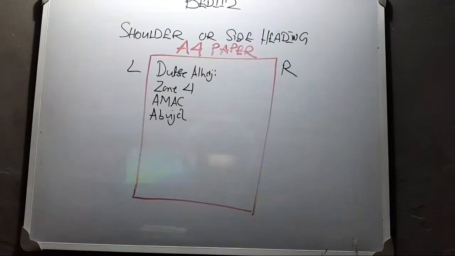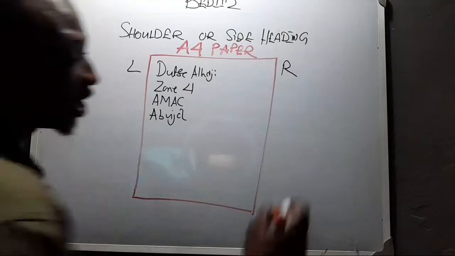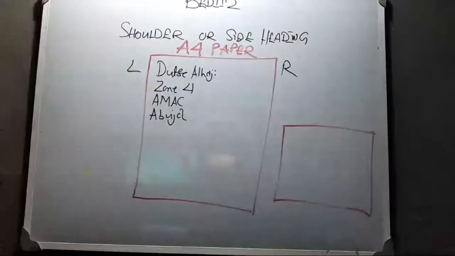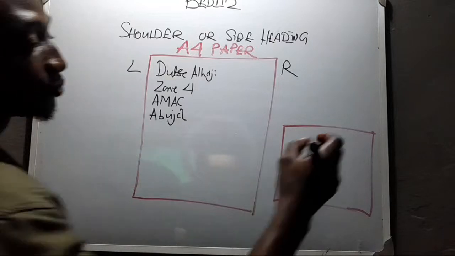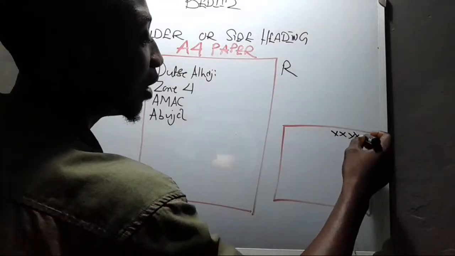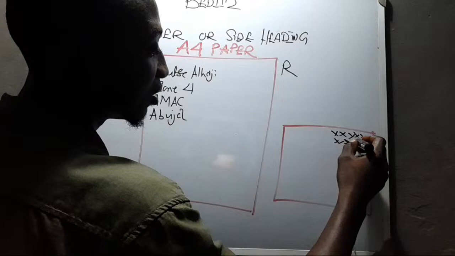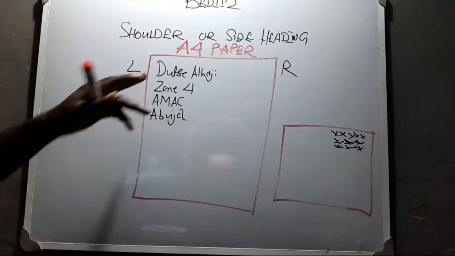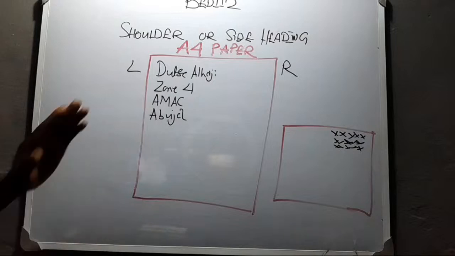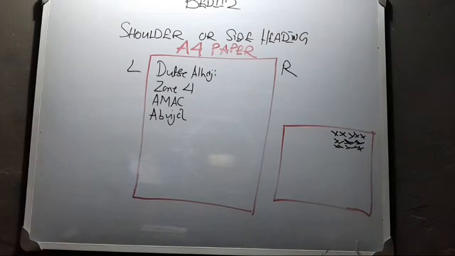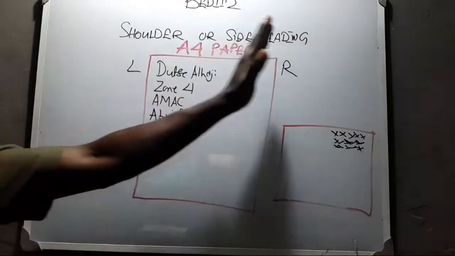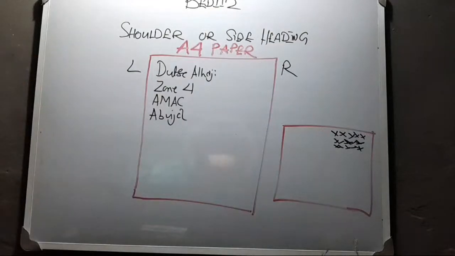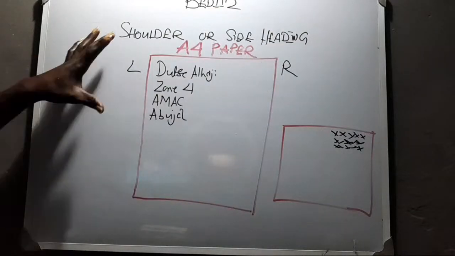As against what we usually do, most times, on an A4 paper, our address is usually here. But it doesn't mean that if you put it here, it's also bad. It's just the type of heading you use. And the one we are talking about now is the shoulder or side heading.